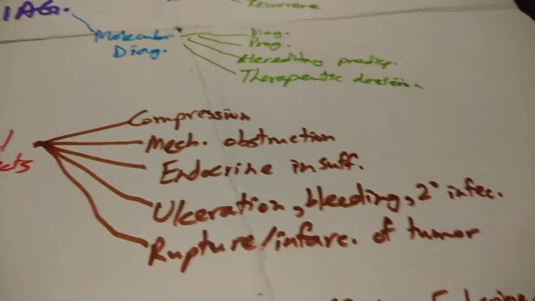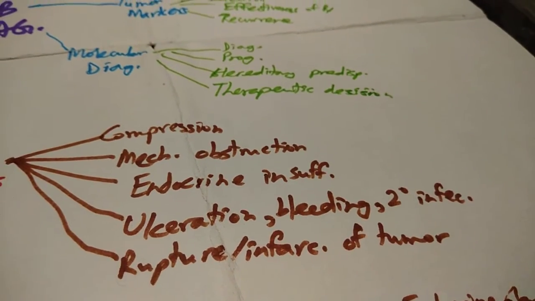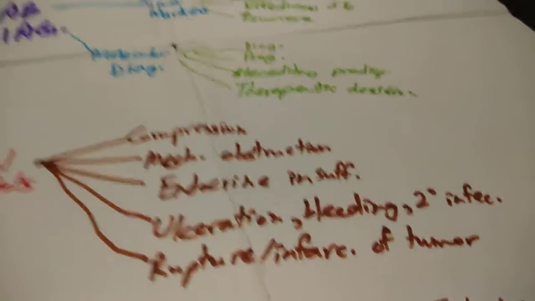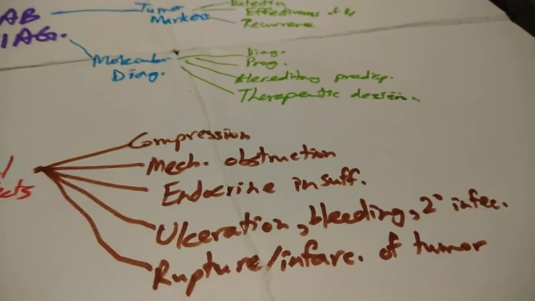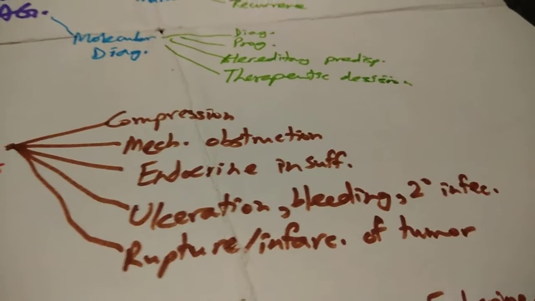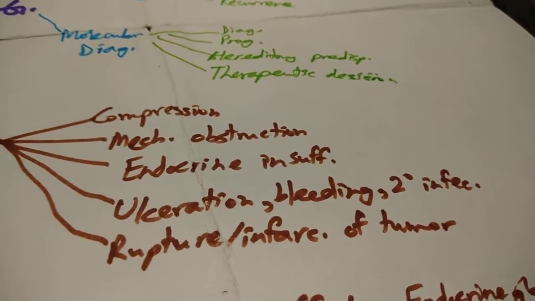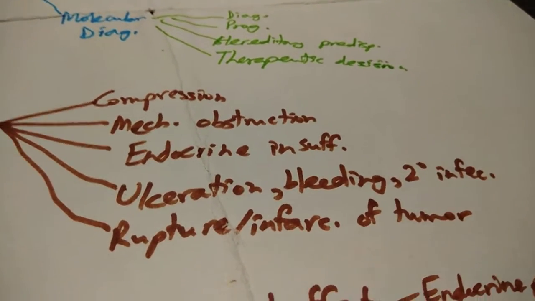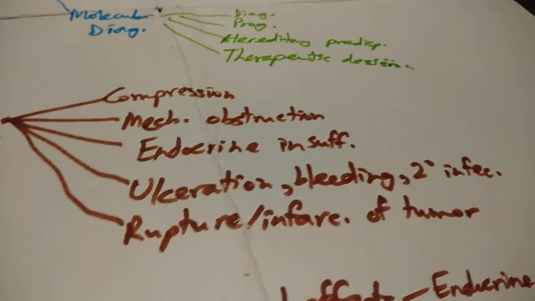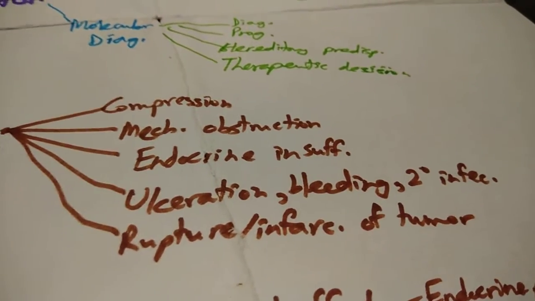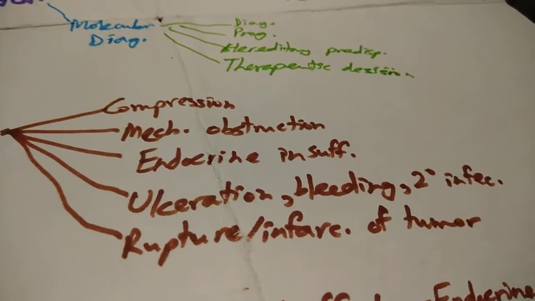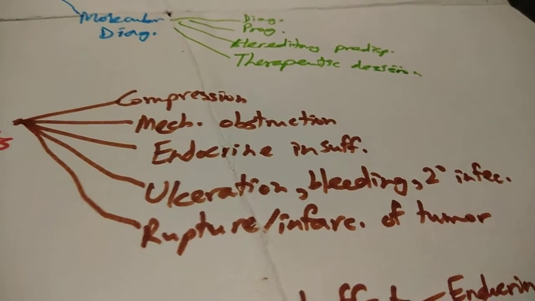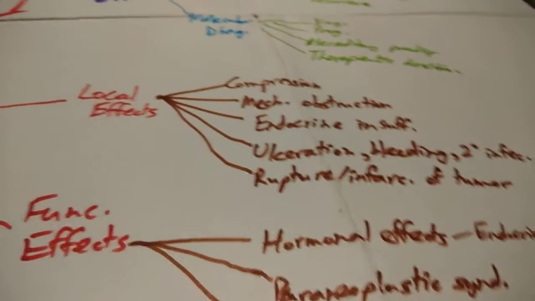Other local effects can include ulceration, bleeding, and secondary infections, because the local immune response and the healing response are generally impaired. And then you find rupture or infarction of the tumor. When that ruptures or gets infarcted, not only can it potentially cut off blood supply, when it ruptures, more cells can spread out to other parts of the body, right?